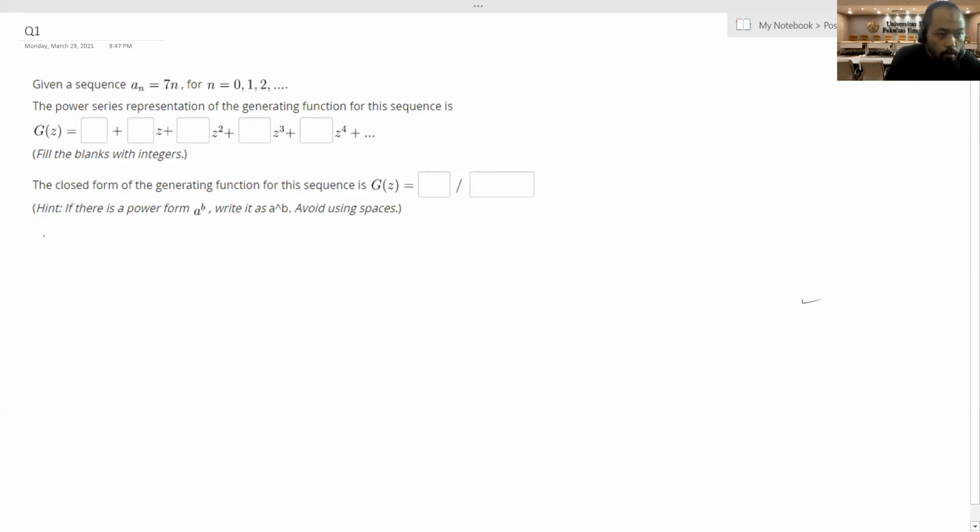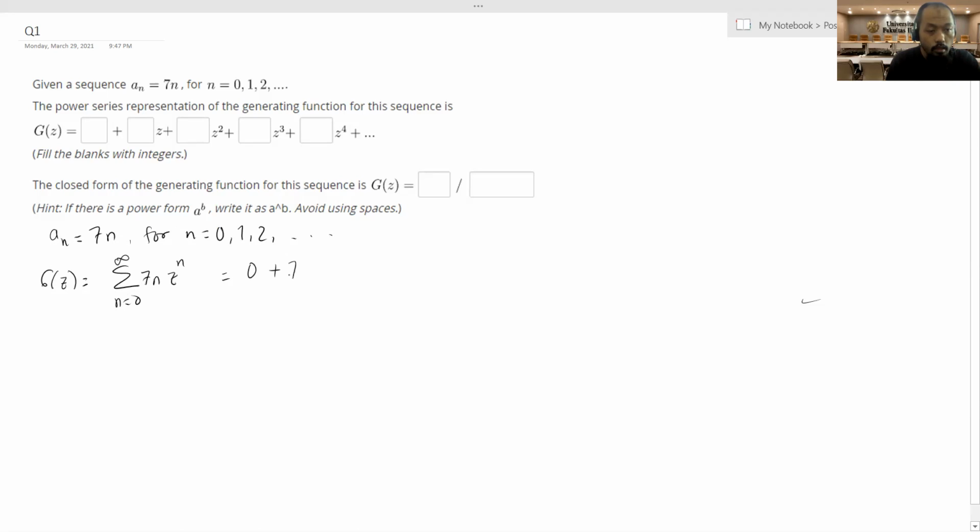Because a_n is equal to 7n for n = 0, 1, 2, and so on, then the corresponding power series representation is simply this one. We expand this form, and we get this.